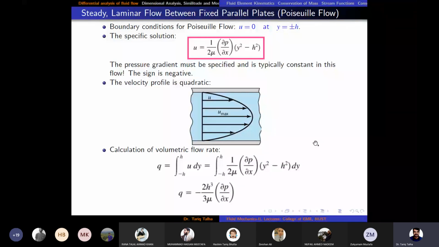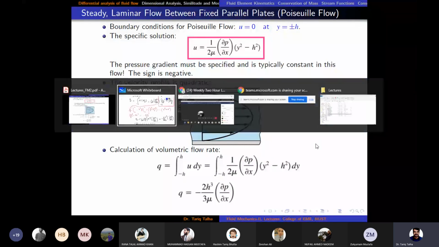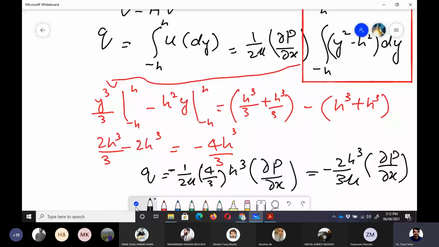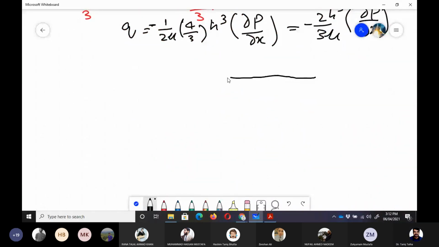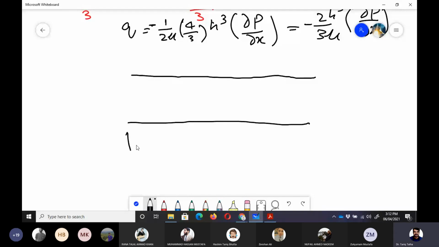So if we do that, then we can write that if we have got a pipe which is of length L, and we have got total pressure drop here, that is delta P, between this point 1 and 2.